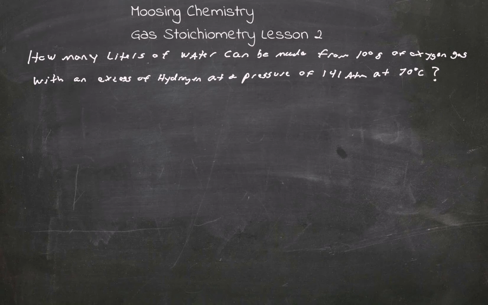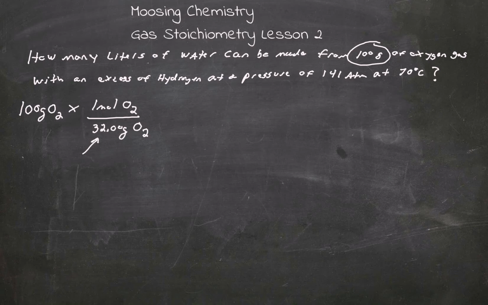So a couple things we need to know. First of all, we've got grams, and we can't use grams. We need to put everything into moles. So we're going to convert grams of oxygen into moles of oxygen. We'd go 100 grams of O2 times 1 mole of O2 divided by 32.00 grams of O2.